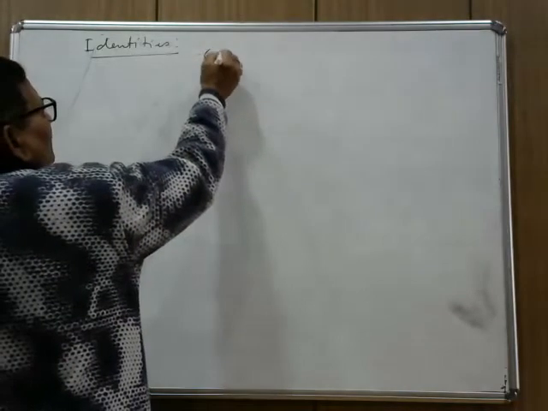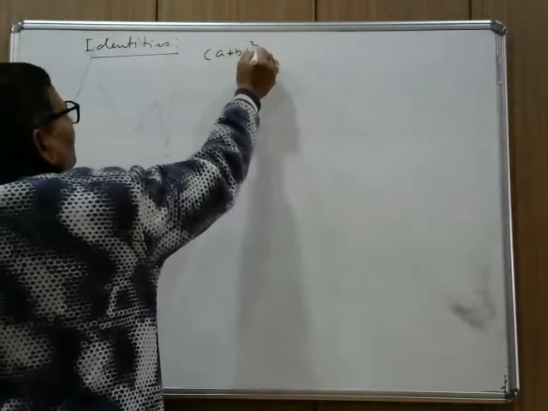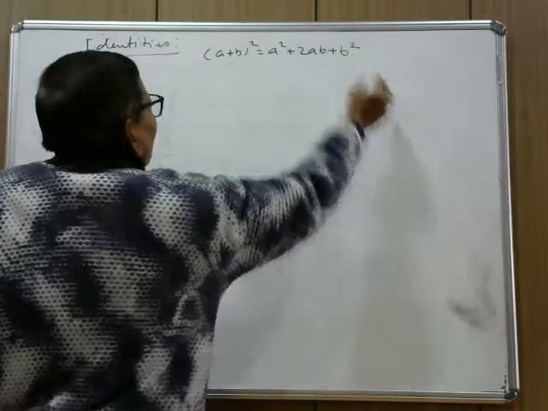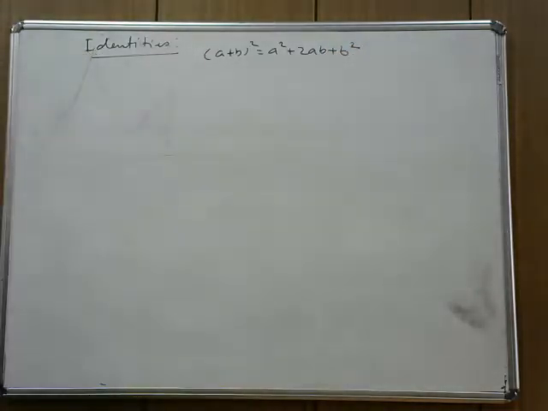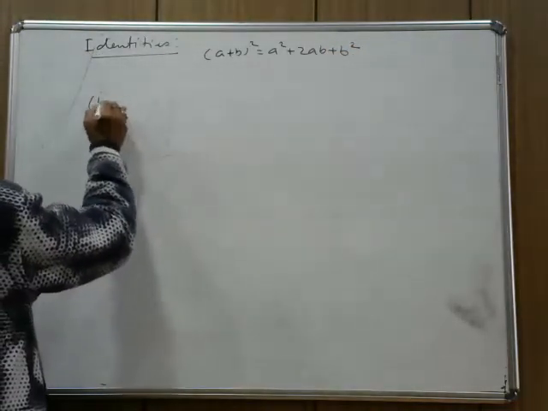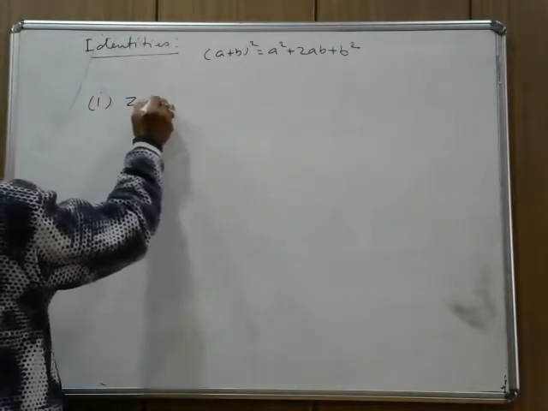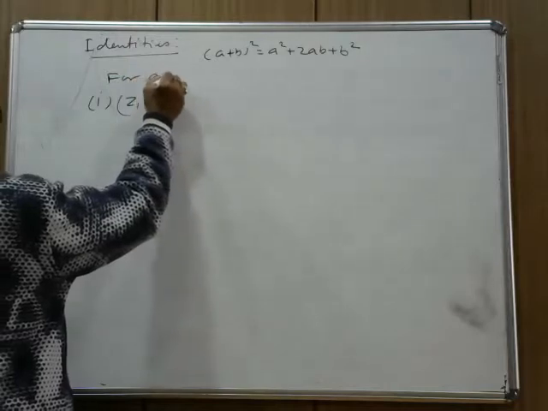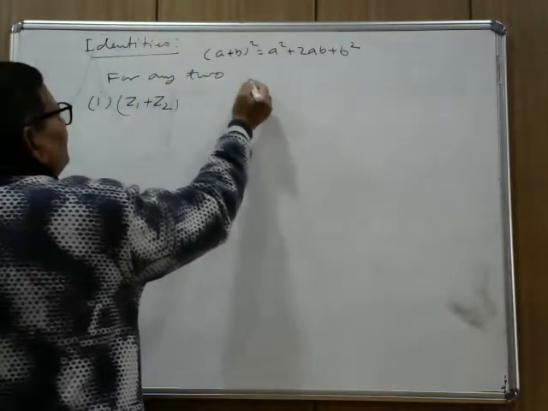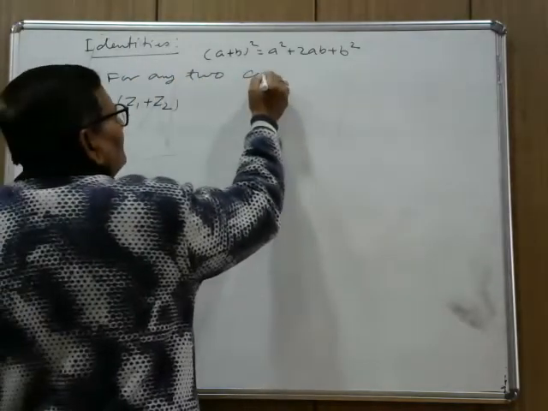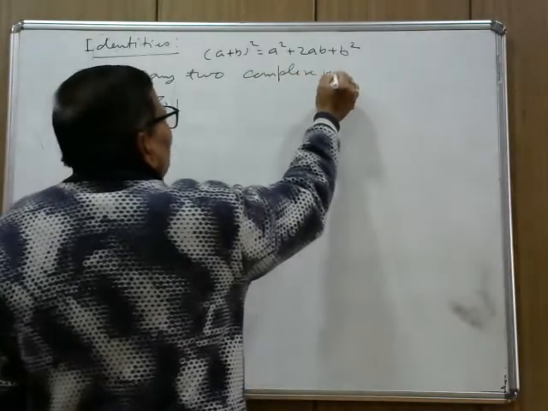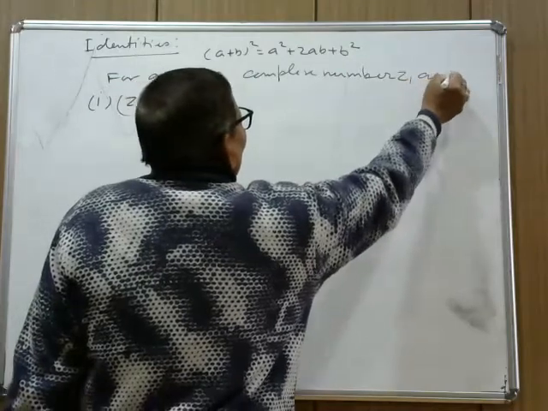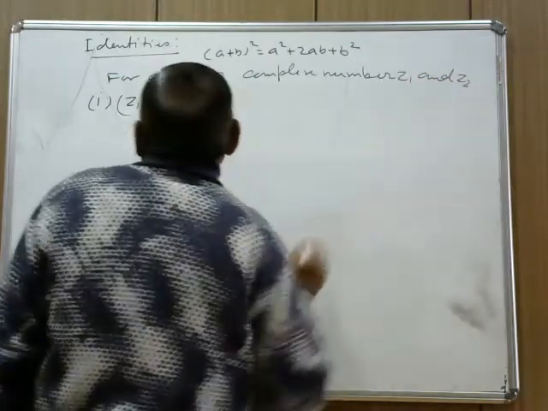As we have seen, A plus B whole square is equal to A square plus 2AB plus B square. When A and B are complex numbers, then what happens? In case of complex numbers, for any two complex numbers Z1 and Z2, we have the following identities.